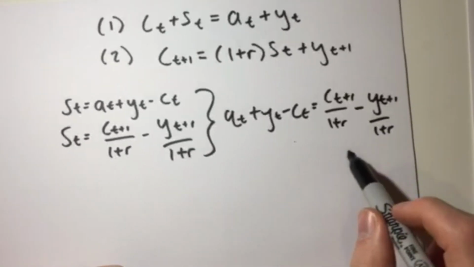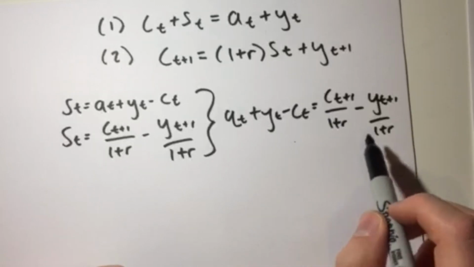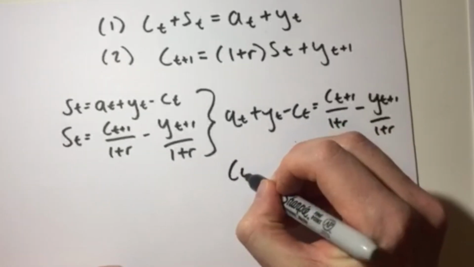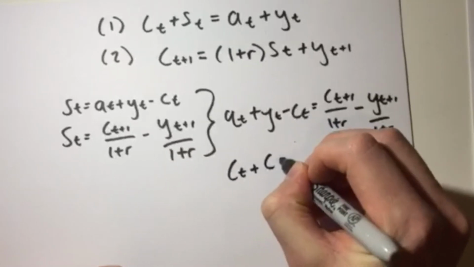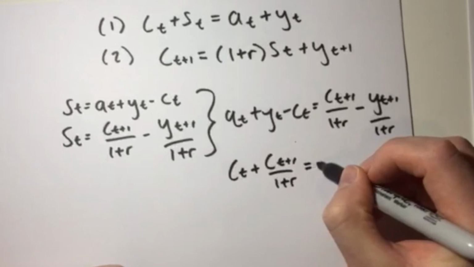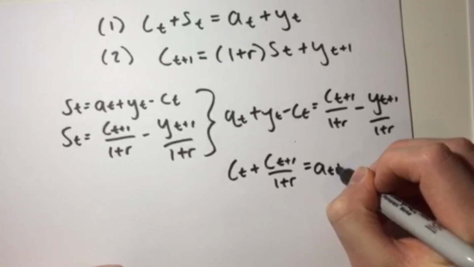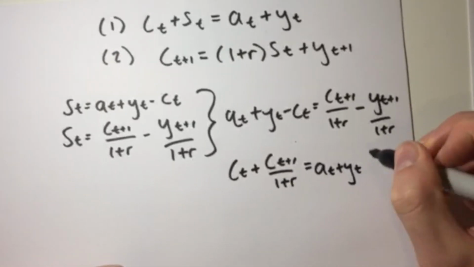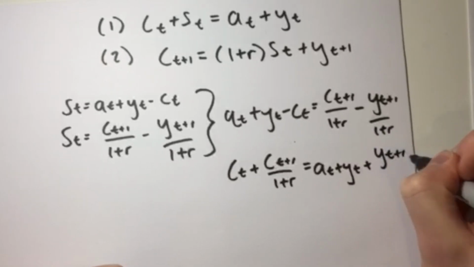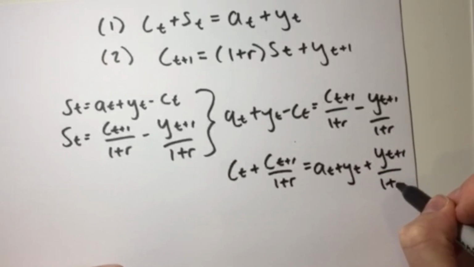We can rearrange this, it's a bit unclear, apologies for that. We can rearrange this to C_t plus C_{t+1} over 1 plus r equals A_t plus Y_t plus Y_{t+1} over 1 plus r.